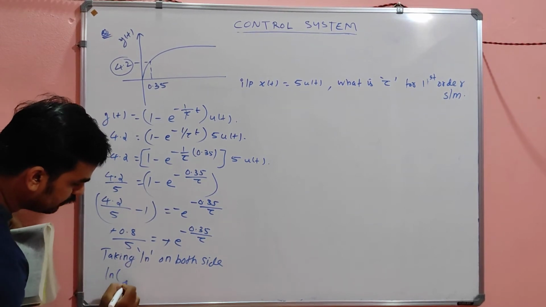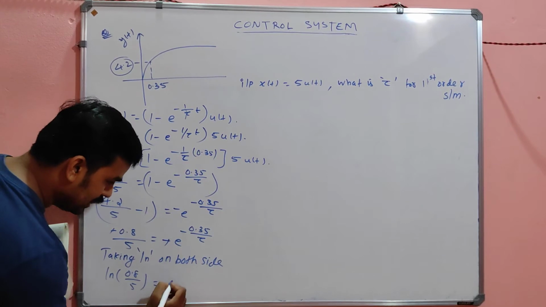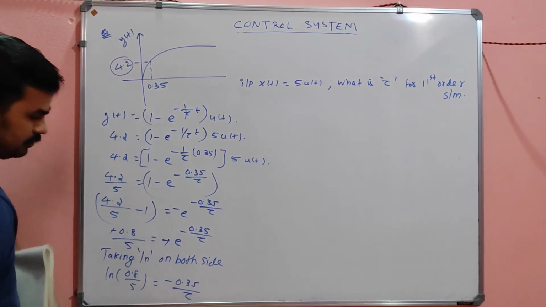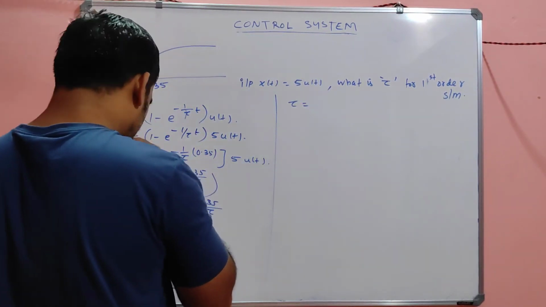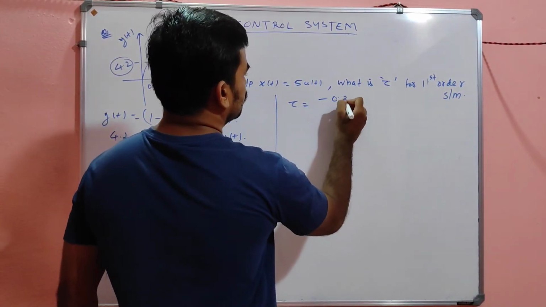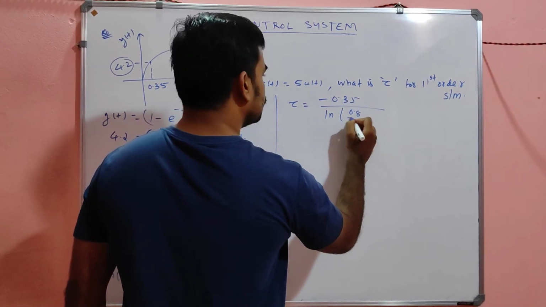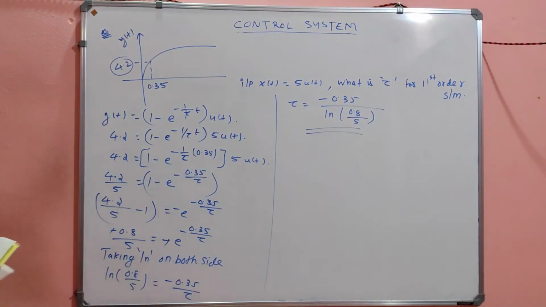So ln 0.16 equals minus 0.35 by tau, so tau will be the value, that is the answer.